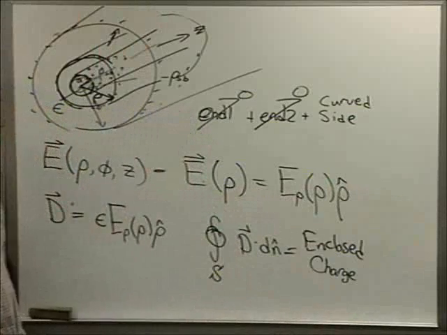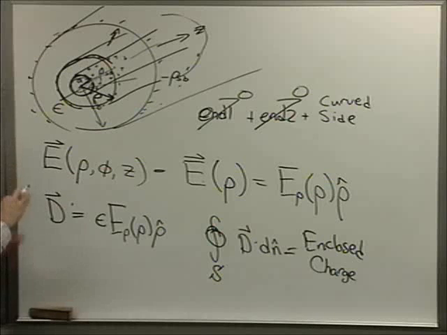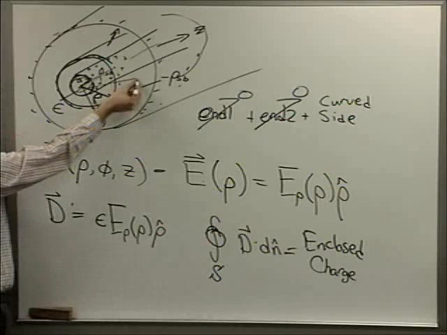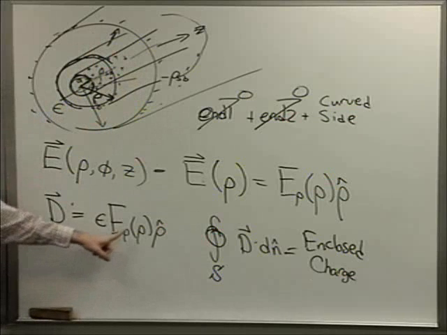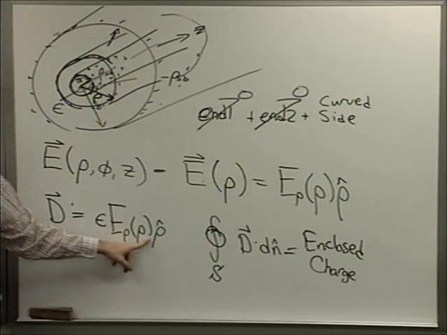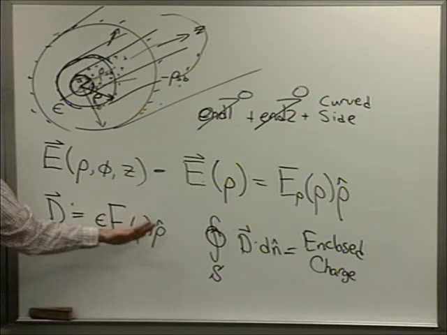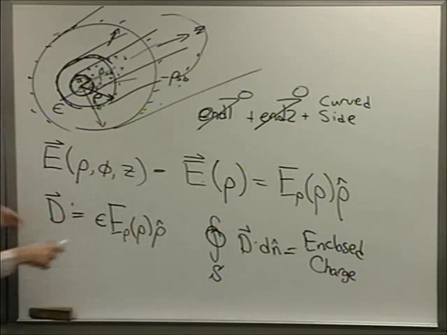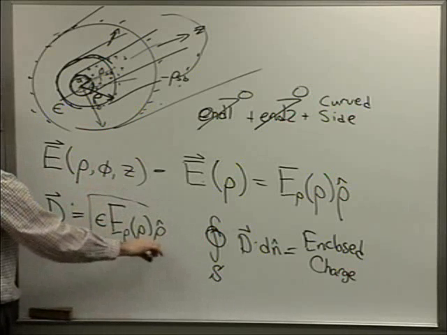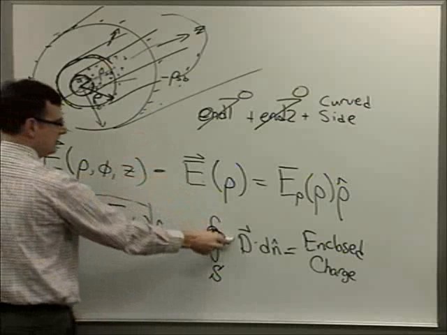That simplifies our life. And if we're doing the side, the surface normal is always rho hat, which always perfectly aligns with my electric flux density that I've assumed in this problem. So I have a rho hat dotted into something that's going to be in rho hat. So in this case, the full amplitude of my electric flux density contributes to this integral.